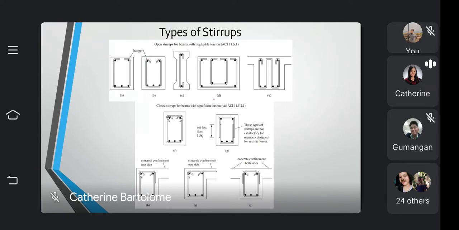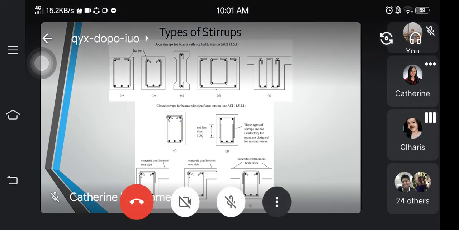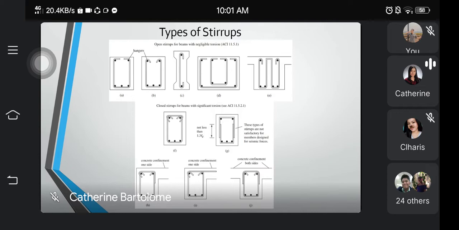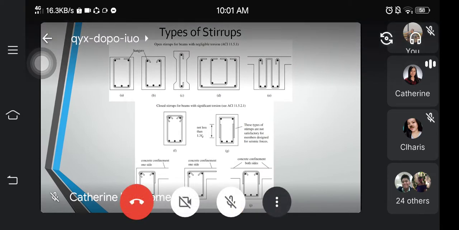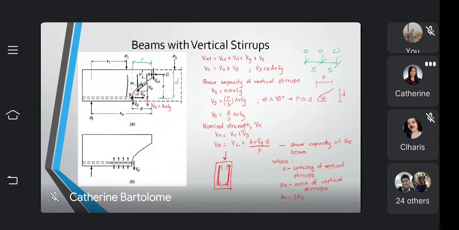How about for D? How many resist? Four, ma'am. Four. How about for C? Four also. Yes, correct. So do you get the logic of how to get the area of shear reinforcement? Yes, ma'am. Okay, so it's not always 2, but for theoretical purposes, we usually use this type of stirrup, so it is always 2 here.